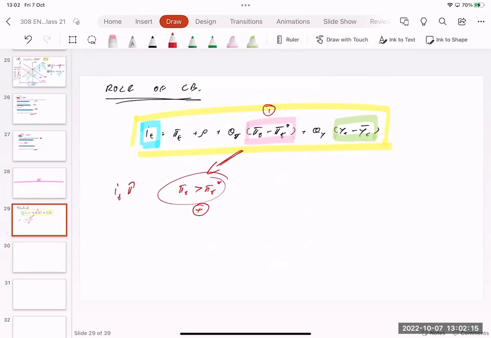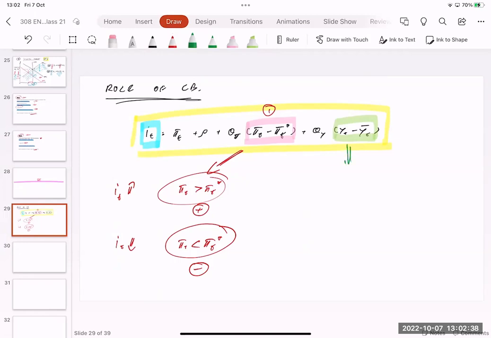On the other hand, if inflation is lower than inflation target, this bracket is going to be negative, and the nominal interest rate on the left side is going to be lower. This is how the central bank changes the nominal interest rate in response to the inflation problem.